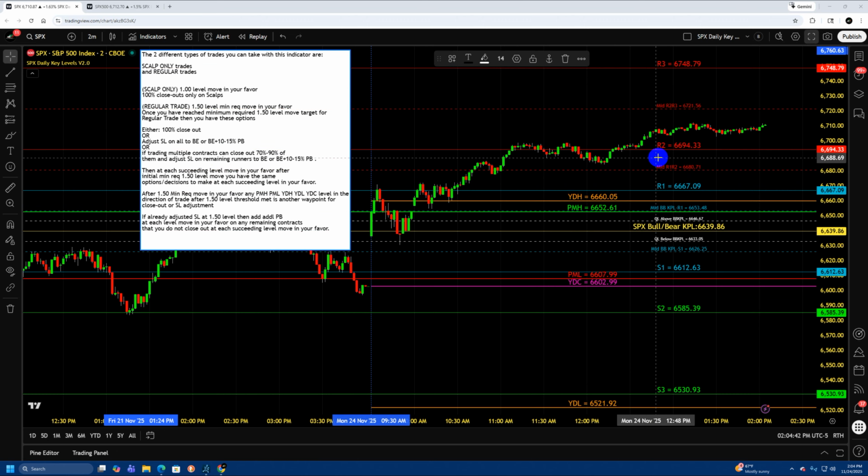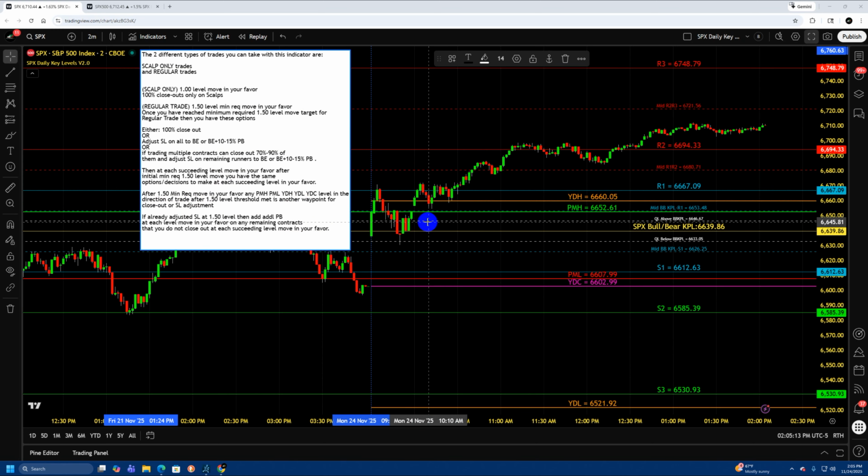So in this case, this is the 1.5 level move from this level where the trade started. And then a 2 level move would be the R2, then a 2.5 level move is this midpoint here, and a 3 level move would be R3 from this level. So that's what we mean by each succeeding level move in your favor after the minimum 1.5 level move has been met.